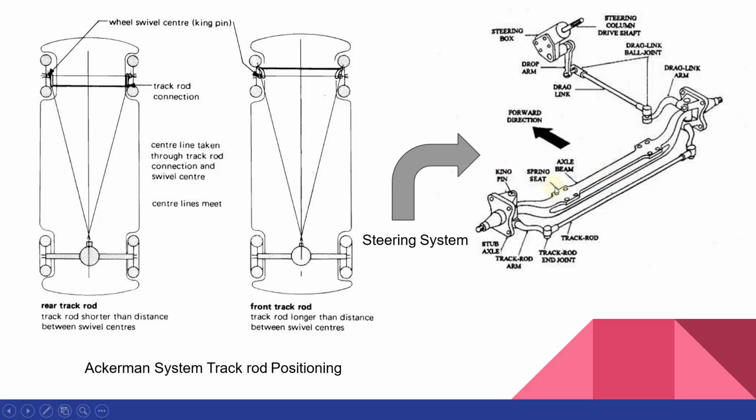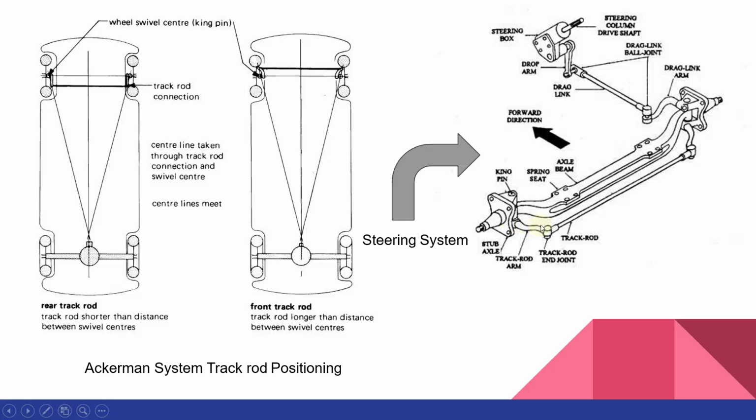And we have spring seats where we clamp the spring of the suspension system. And we have the stub axle, which is the component where we actually put the wheels on, or the wheels are clamped to the stub axle.